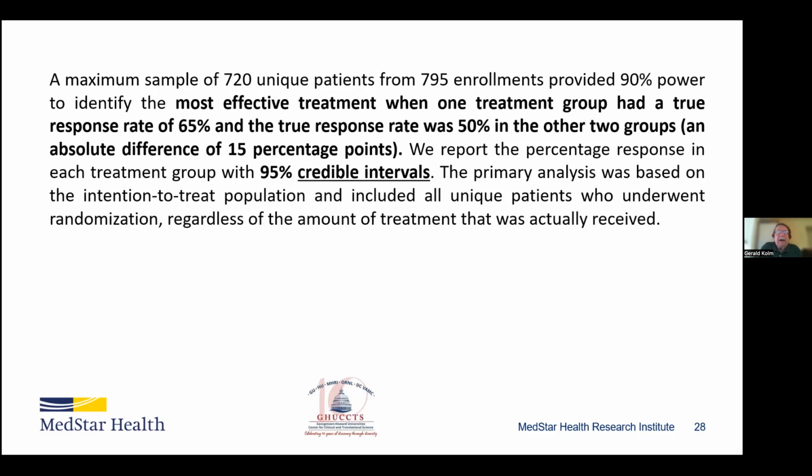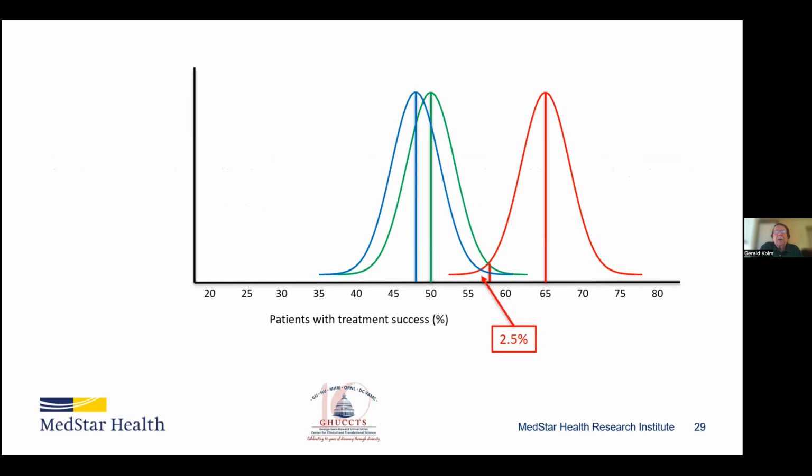So what did they find? What they want to show here is that if we represent our red distribution as the distribution that has a rate of 65%, and the other two distributions have around 50%, or maybe more or less.